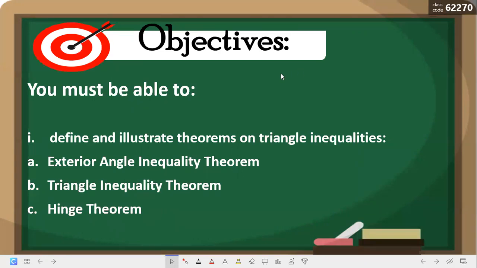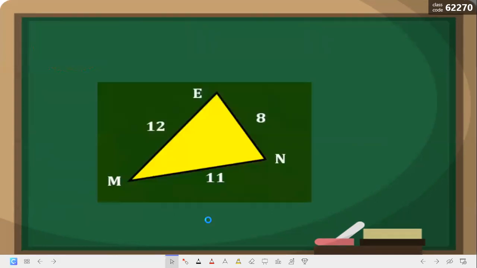The objectives of this lesson: you must be able to define and illustrate theorems on triangle inequalities, such as the exterior angle inequality theorem, triangle inequality theorem 1, 2, 3, the hinge theorem, and also, as an addition, the converse of the hinge theorem.